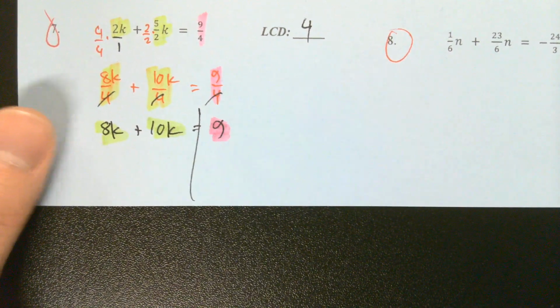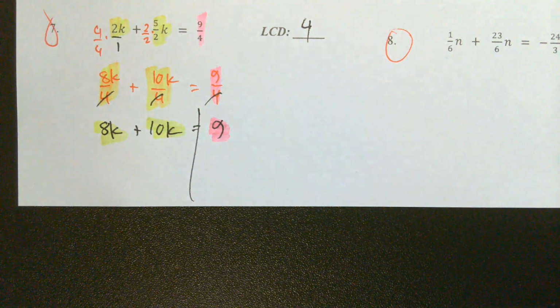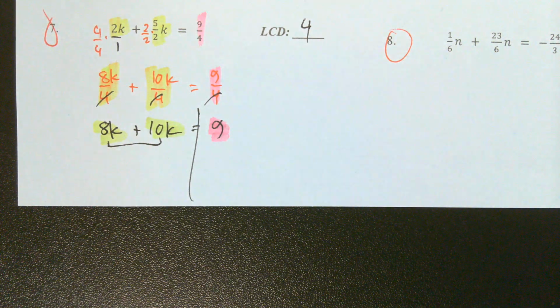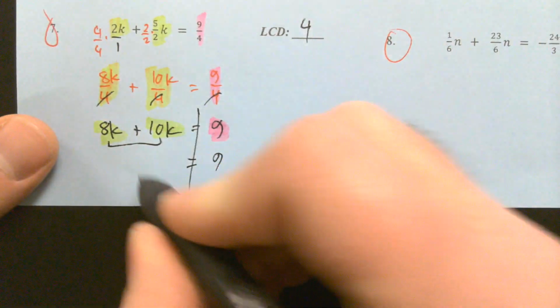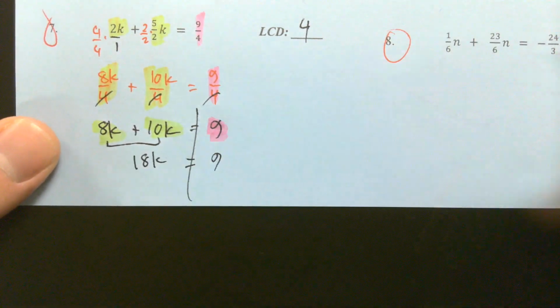Make sure that is not what you did. There's bound to be at least a couple people that did, so don't worry. But because they both have a k, instead, thank you, we're going to combine those like terms. What is 8k plus 10k? 19 is close. 18k.